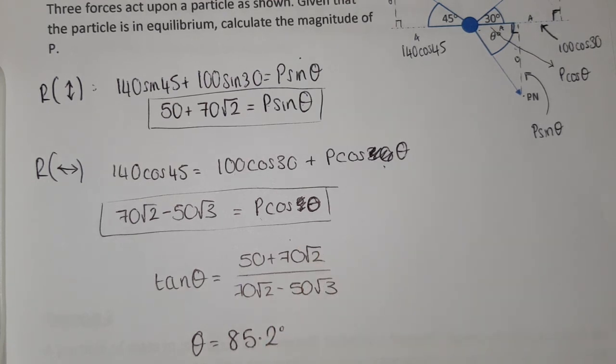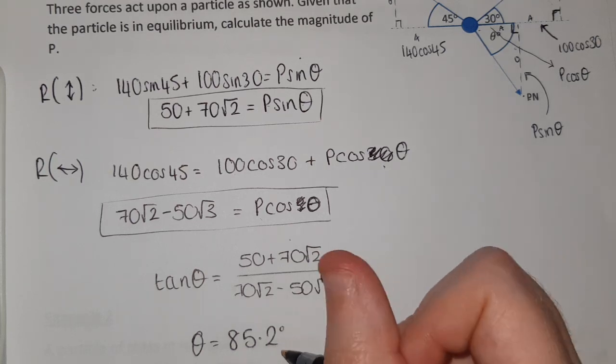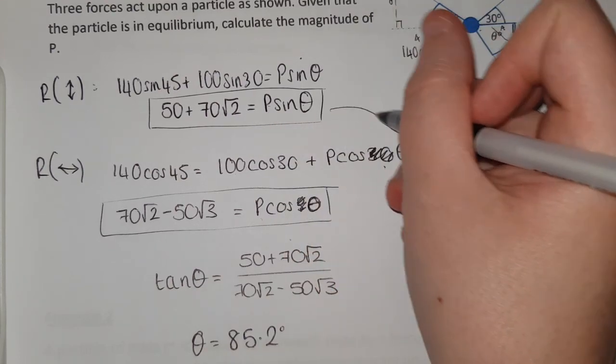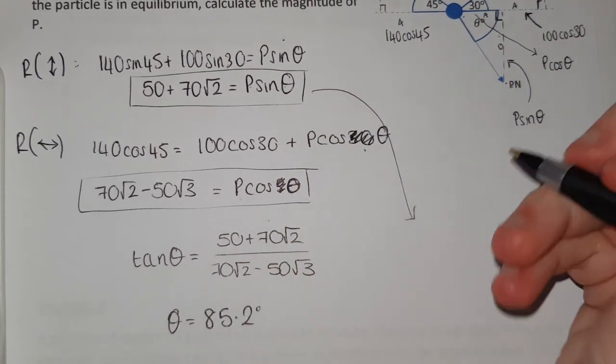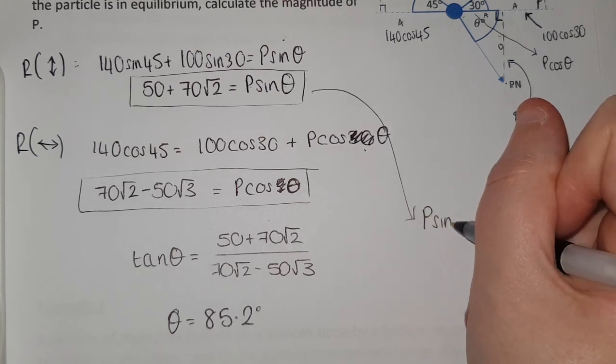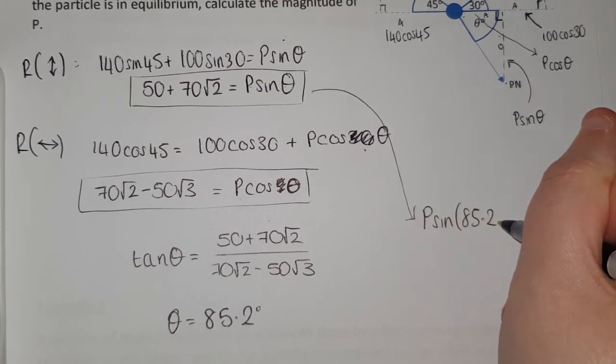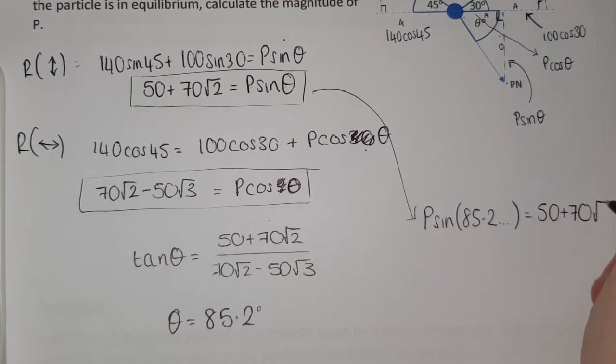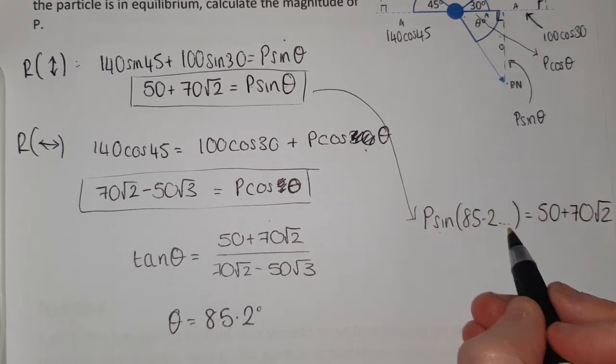Okay, and then all we're going to do with that is plug that back into one of our equations and solve to find the other number. So I'm just going to use this one. That gives me that P sine of 85.2 has to equal 50 plus 70 root 2. So I'm just going to divide by sine of this.